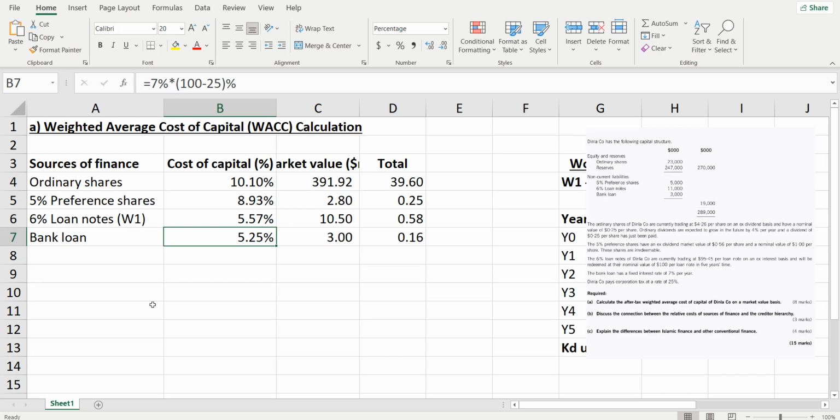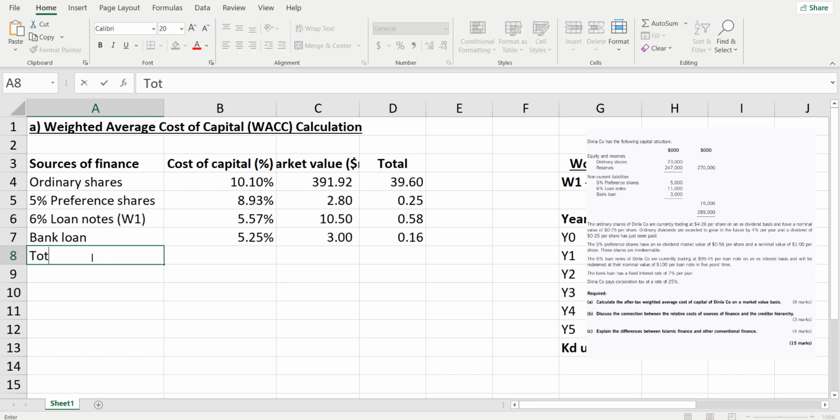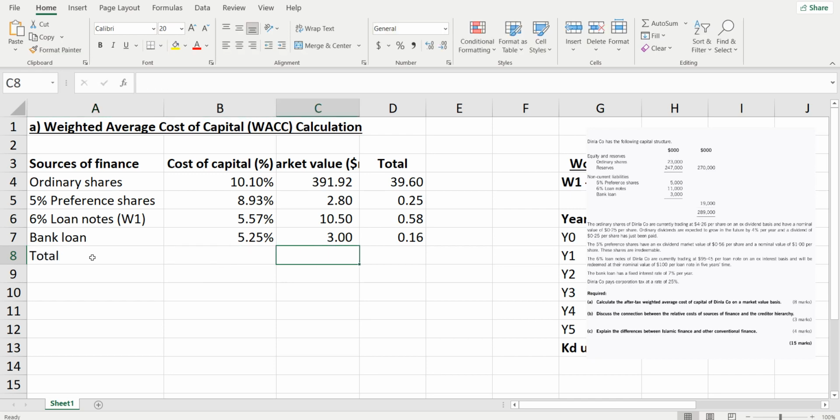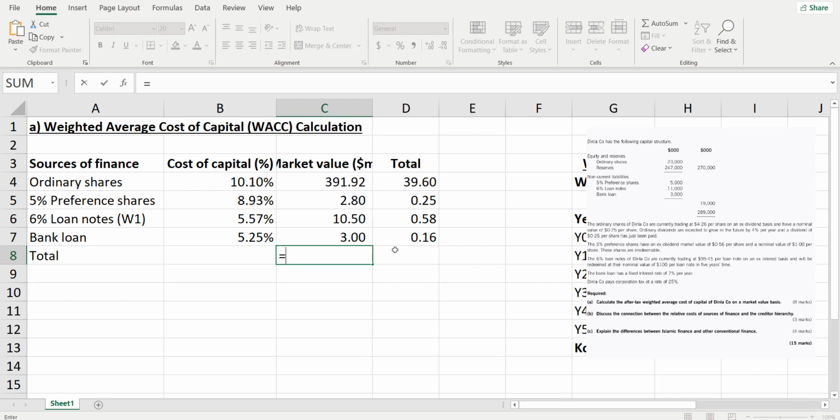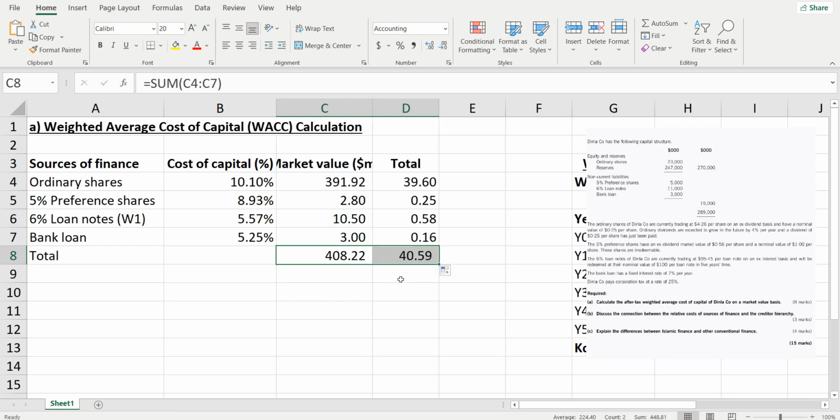And so our calculation is almost complete. Now we can just do the total. We don't have to total the cost of capital because it's in percentage. We just have to total the market value, which is an easy sum, and also the total of totals. And now we can just bold it.